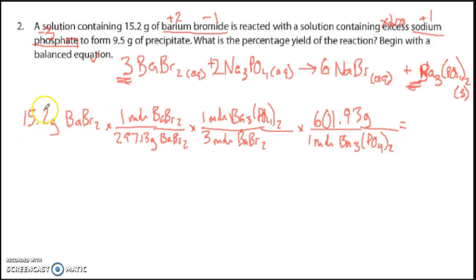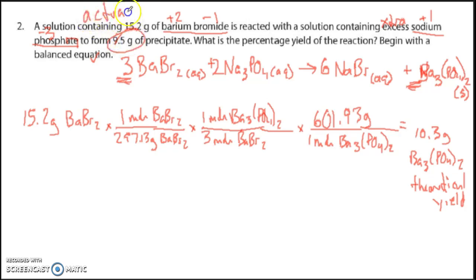We've got 3 significant figures here, and that's actually not as large as you might think. It comes out to 10.3 grams of the barium phosphate. Okay, so this 10.3 grams, that is my theoretical yield. That's how much my calculation says I should make. This amount is my actual yield. That's how much it says I actually made.